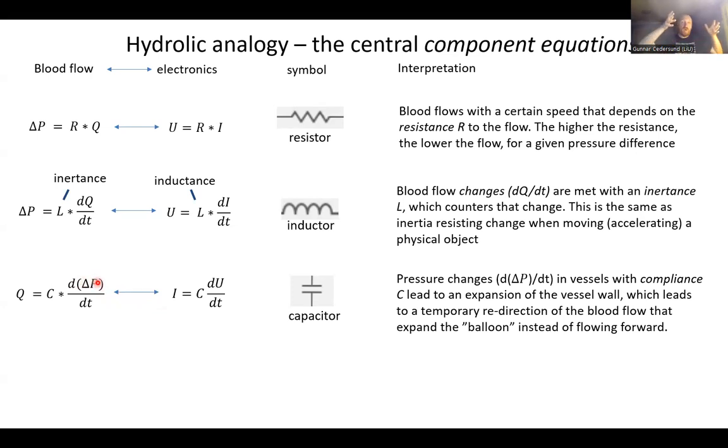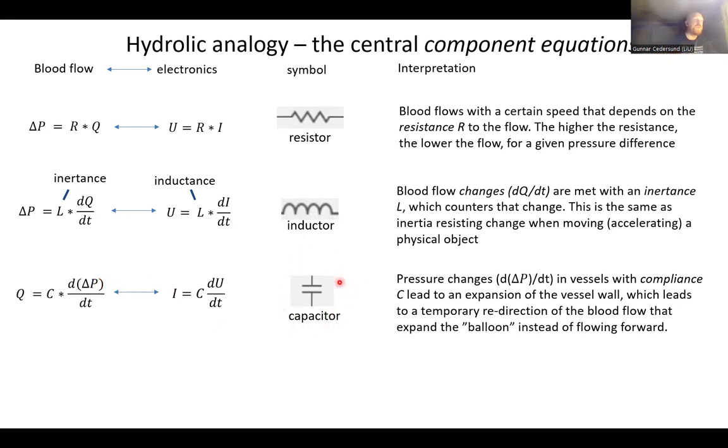So you have a pressure difference, and if that is changing, you have an incentive to have a bigger flow or a smaller flow. There is again a transient phenomenon that will temporarily be stored up in the capacitor.